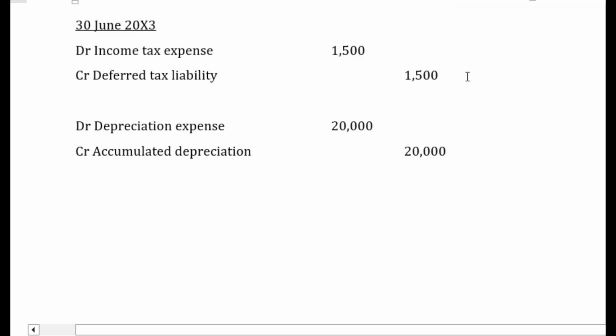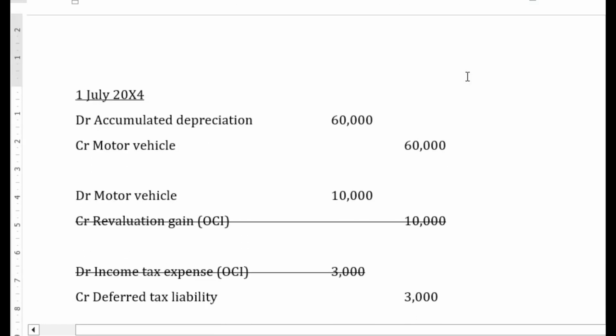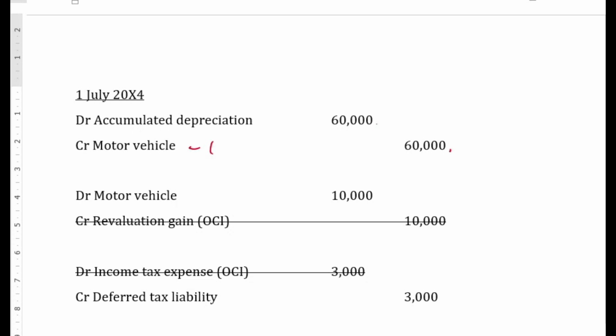In the third year, the deferred tax liability balance increased by 1,500. Debit income tax expense 1,500. And in accounting records, there's depreciation expense 20,000 and we credit accumulated depreciation 20,000. 20X4, at the beginning of the year, the vehicle has been revalued. So to prepare for the revaluation, we debit accumulated depreciation 60,000 and credit the motor vehicle cost account 60,000.